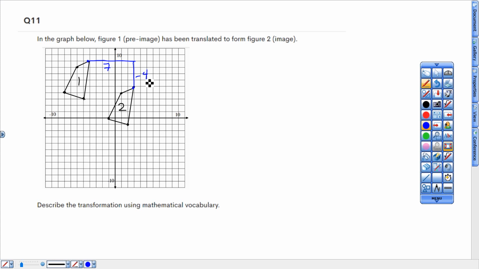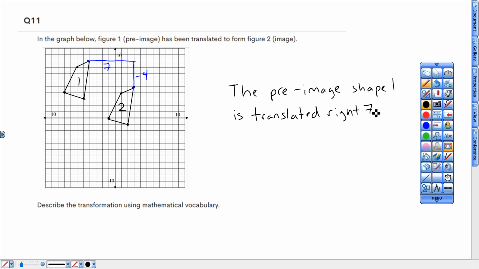So what I would write is the transformation: the pre-image shape 1 is translated right 7, down 4 to get the new image.